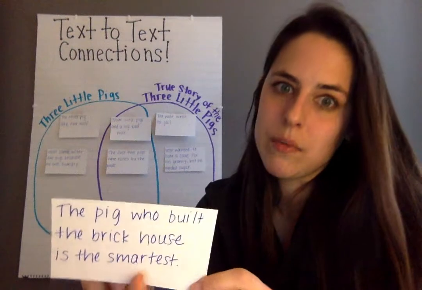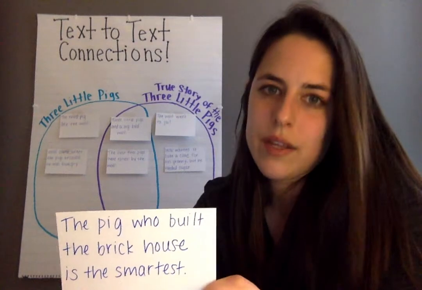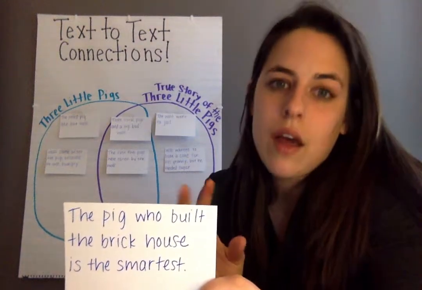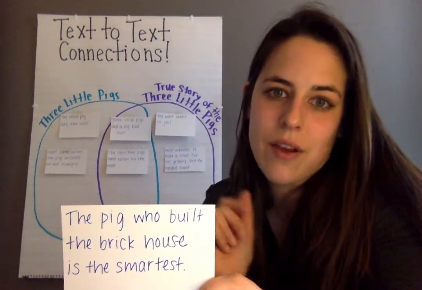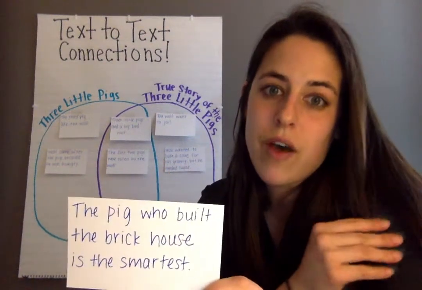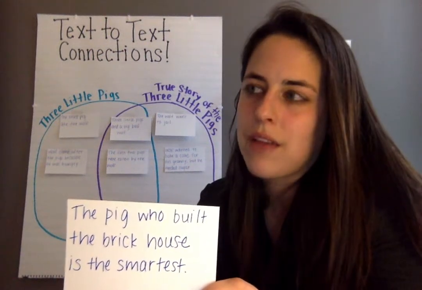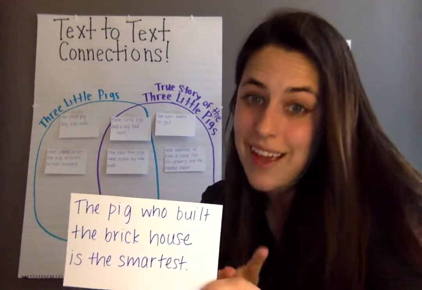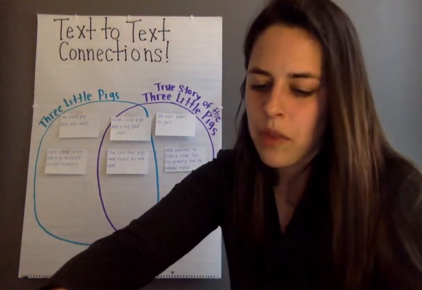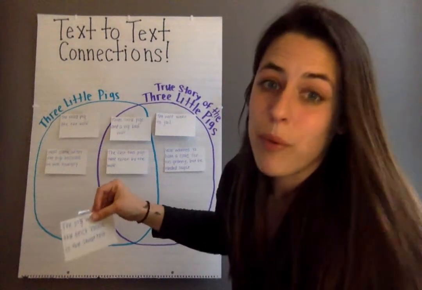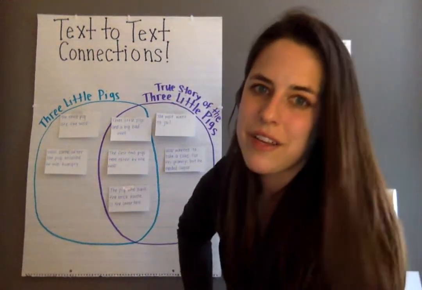So that's the hidden moral for the original story of the Three Little Pigs, that hard work and dedication pay off, because the stick house and the straw house pigs had more time to play and they just wanted to get their houses done so they could go have fun, when the pig who was building the brick house spent more time and didn't get to play and have fun, but in the end he survived. So I really like that hidden message there. But in the end, in both stories, that third pig survived. So he was the smartest because he built the better house.